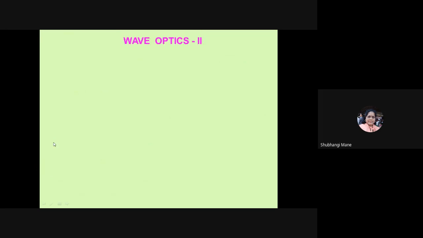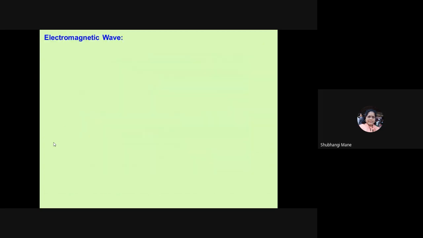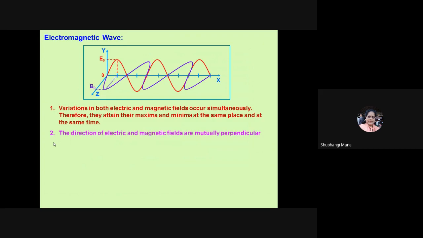So all this is about the interference phenomenon. You remember the different conditions: I max, I minimum, I max is directly proportional to 4a square, I max upon I minimum, and all that. Now let us discuss diffraction.